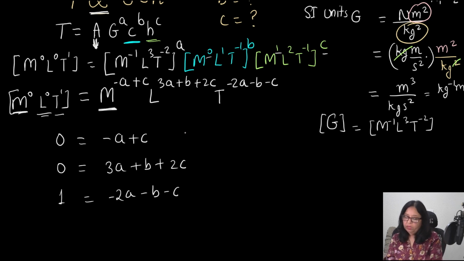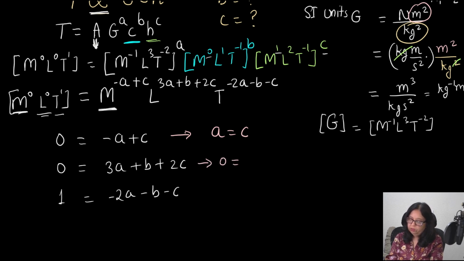I'll show you how. This first equation gives us A equals C. So in the second and the third equation, I'm going to replace C by A. Let's call these equations A, B, and C. Now in B and C, I'm going to replace C by A. So that gives me 0 equals 3A plus B plus 2A.